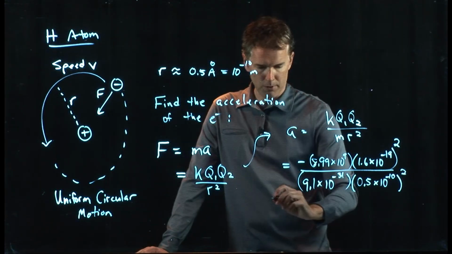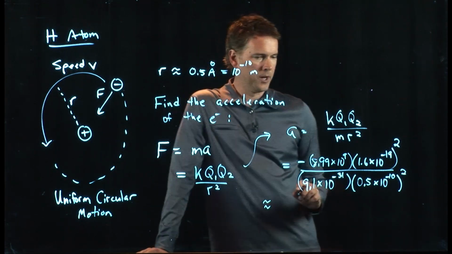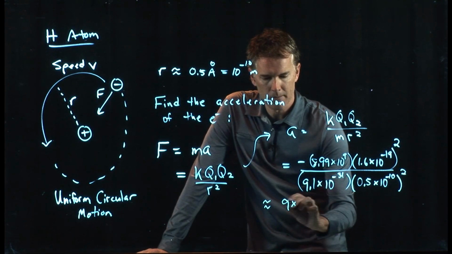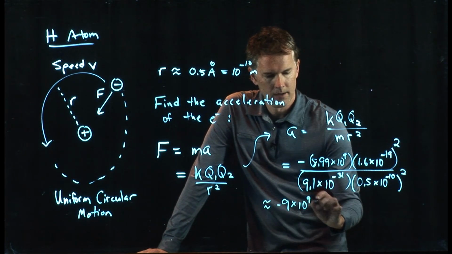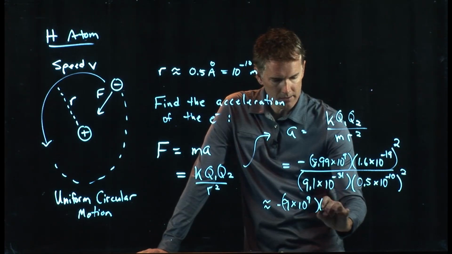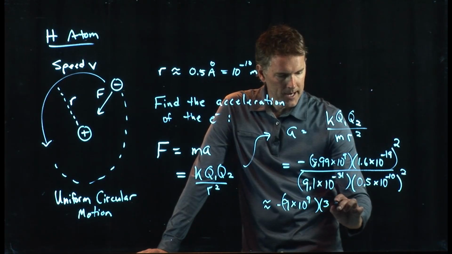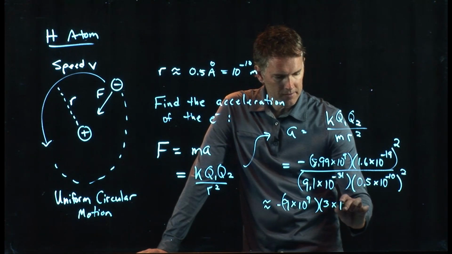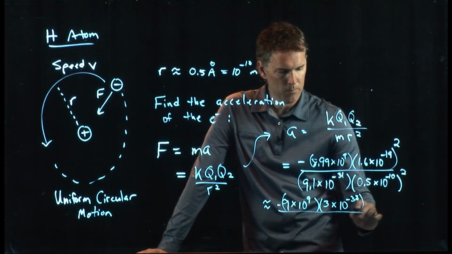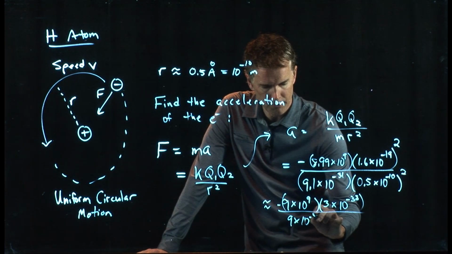Okay, and now you guys should pull out your calculator and plug in those numbers and tell me what you get, and we're going to approximate it here. So we have a 9 times 10 to the 9, and then we have 1.6 squared, which has got to be close to 3. 10 to the minus 19 squared is 10 to the minus 38. And then we're going to divide by 9 times 10 to the minus 31.